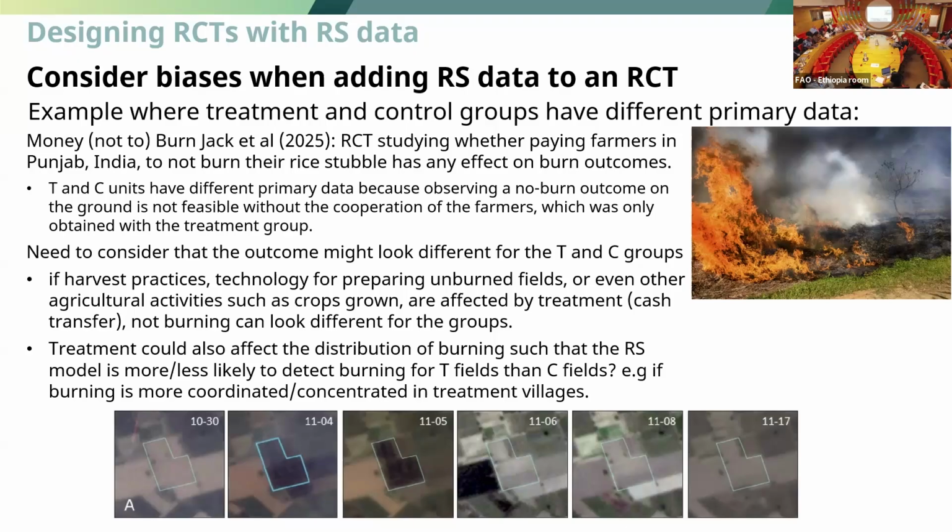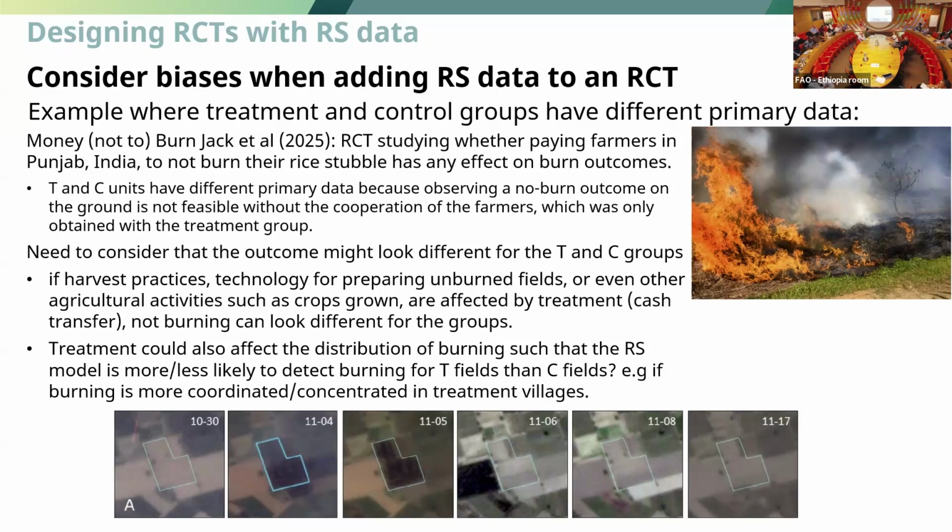The treated units were receiving payments, so they were entering into agreements with the investigator. They had to show the investigator that they had managed their crop residue in an alternative way. That would be costly to do if they were going to burn it anyway, so they wouldn't have done that.